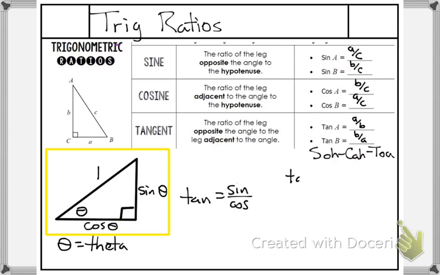Let's look at tangent of A. If tangent of A is sine of A over cosine of A, then sine of A, which is A over C, over cosine of A, which is B over C, gives A over C divided by B over C. Both have C as a common factor, so I can simplify it out. Now it's A over B, which is what I said tangent was. So really, tangent is sine over cosine. This is the other thing we're going to use.